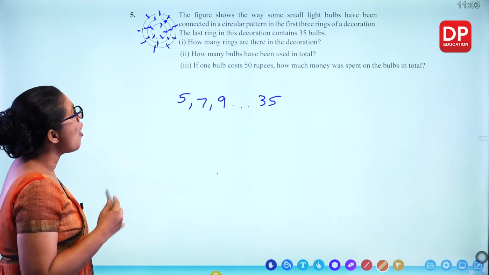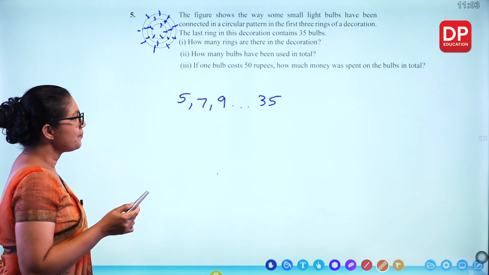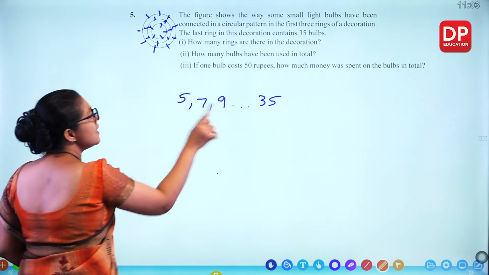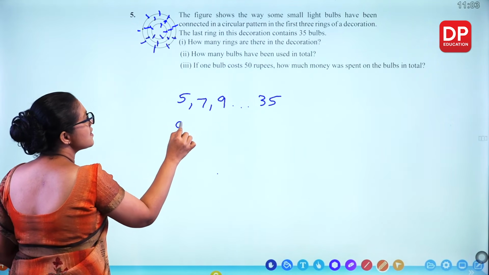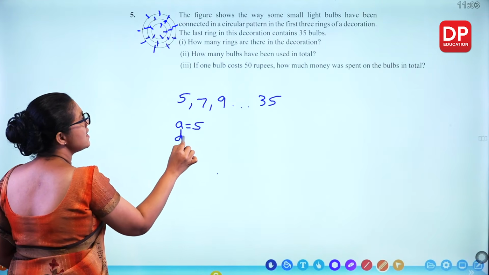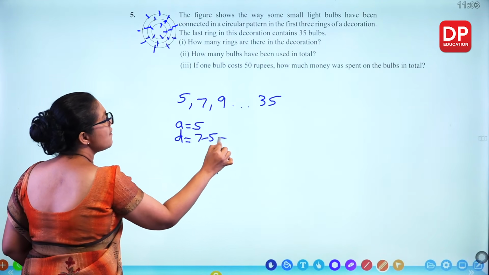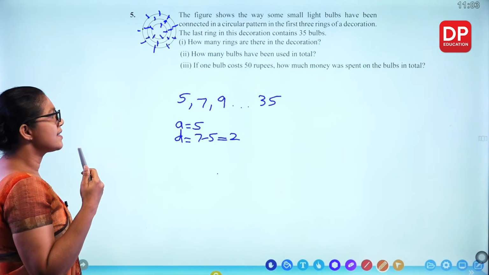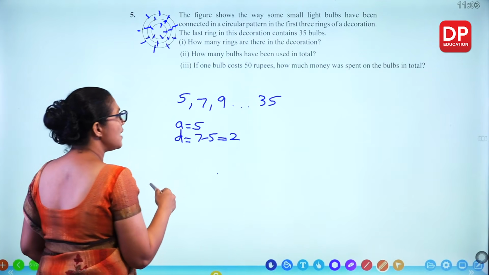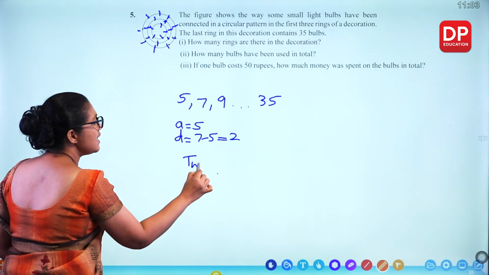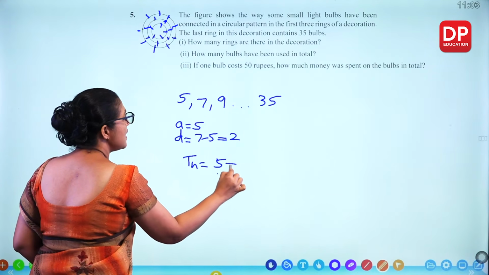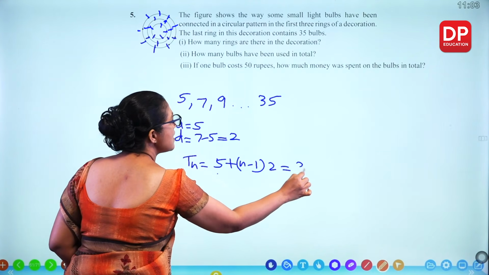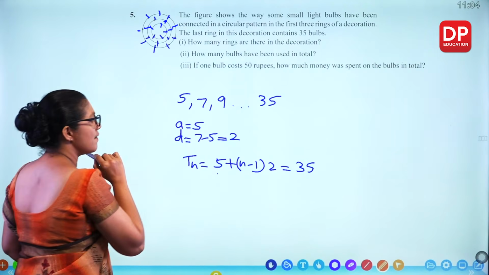So you are asked how many rings are there. So this is arithmetic sequence because we can see difference is 2. So first term is 5, difference is 7 minus 5 is 2. We'll find out what's the nth term to get 35 bulbs. So Tn equals a plus n minus 1 d, that is equal to 35.